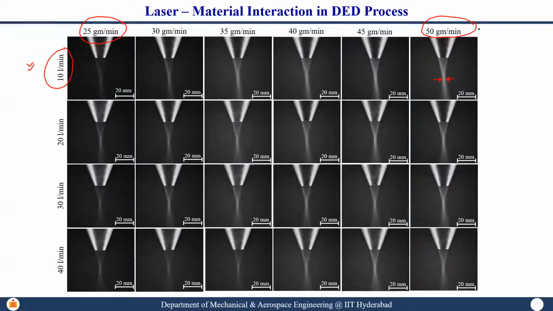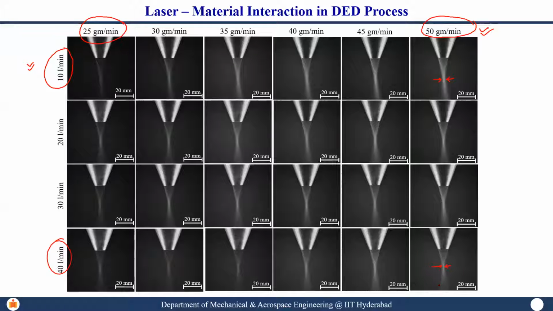Now for the same mass flow rate of powder, I am using 40 liter per minute, meaning I imparted a higher amount of kinetic energy. Then you see this footprint became quite small. Remember, the amount of powder available here and here are both the same, but the density, how tightly you are able to pack the material, depends upon your carrier gas flow rate.